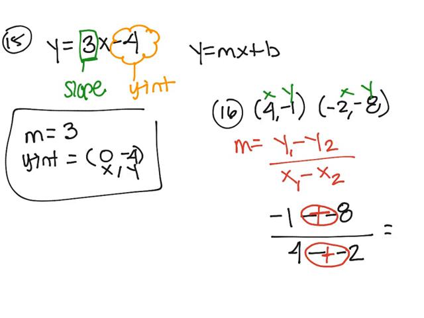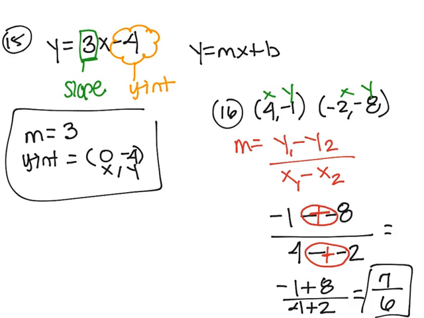So you really have negative 1 plus 8 over 4 plus 2. And what's negative 1 plus 8? 7. And what's 4 plus 2? 6. And it doesn't reduce. So your slope is 7 over 6.